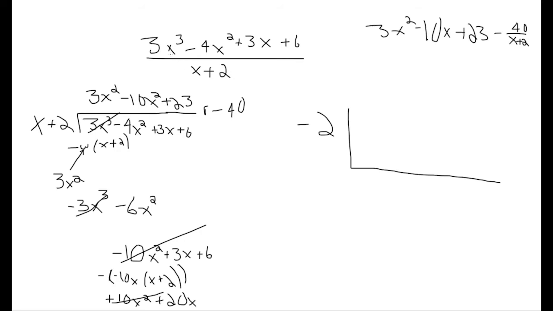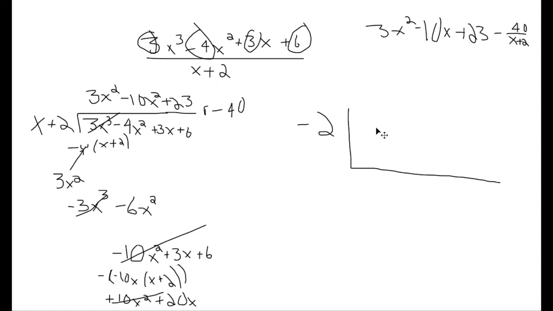And then you would look at the coefficients of your terms, okay? So there's a 3 here in your polynomial that you're dividing. There's a negative 4 here, then there's a 3 here, then there's a 6 here.